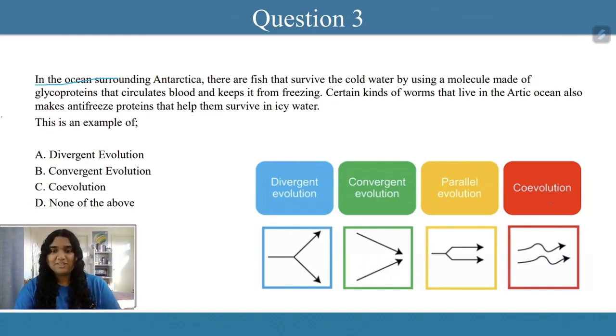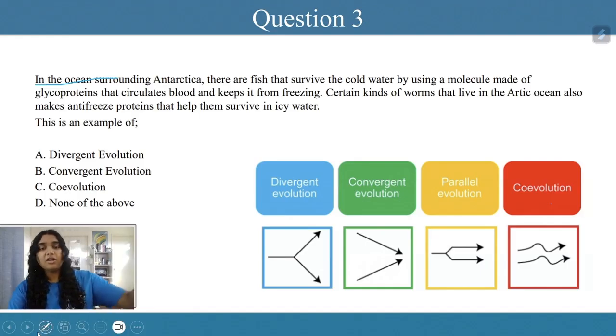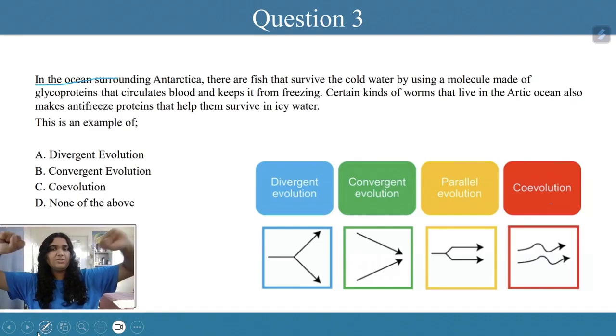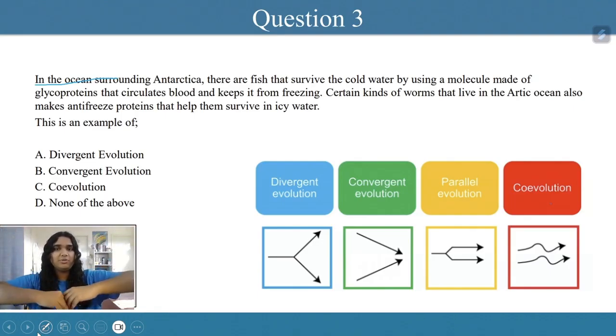So their differences are entirely based on their environment rather than the original genes that came from their common ancestor. Convergent evolution, on the other hand, is the opposite of that. So here we've got two completely unrelated organisms who have evolved to form very similar characteristics because they've lived in the same environment for a very, very long time.